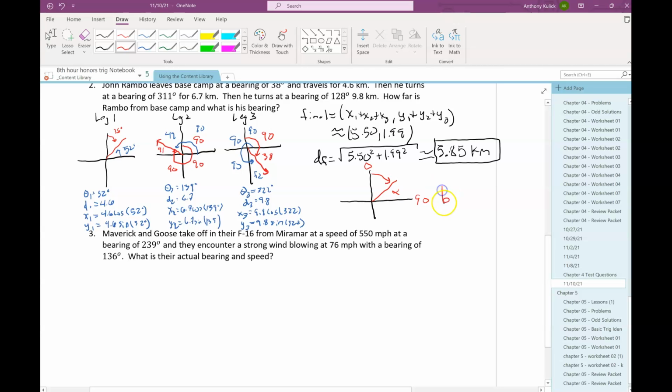So my bearing is going to be 90 minus alpha, where alpha is going to be the tan inverse of the absolute value of yf over xf.